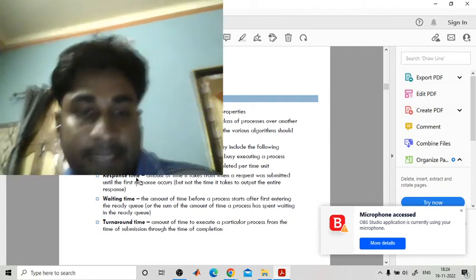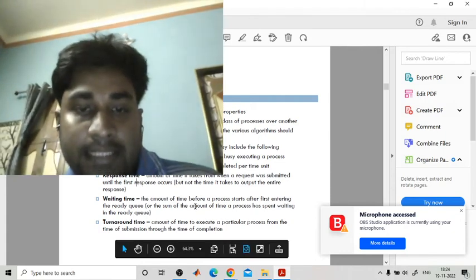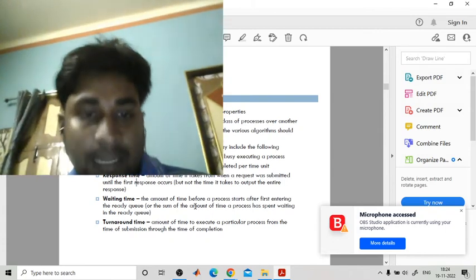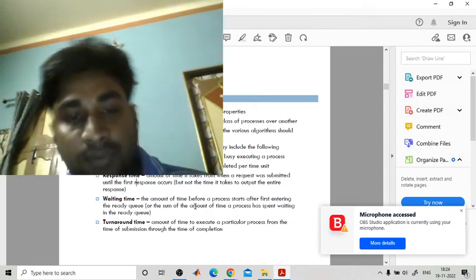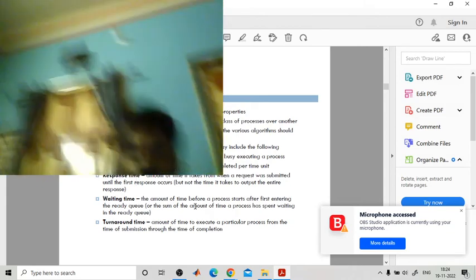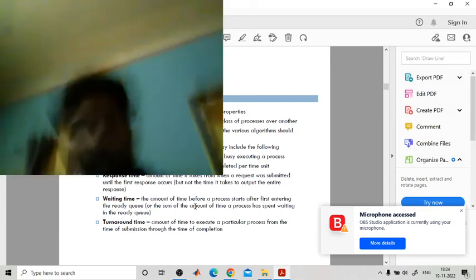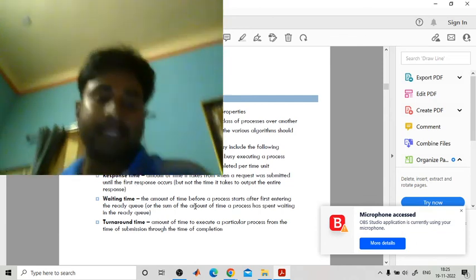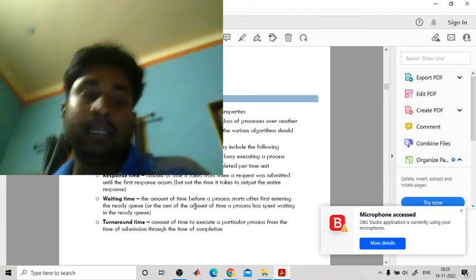Then we have the waiting time. Waiting time means that the process has entered the ready queue, and it is waiting to be executed, or waiting to be fetched by the dispatcher from the ready state to the running state.